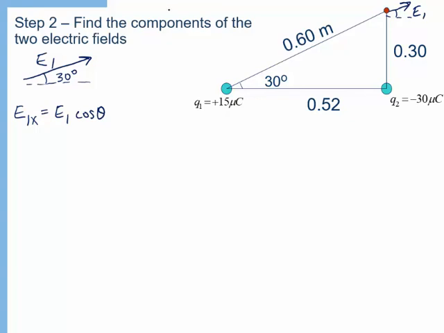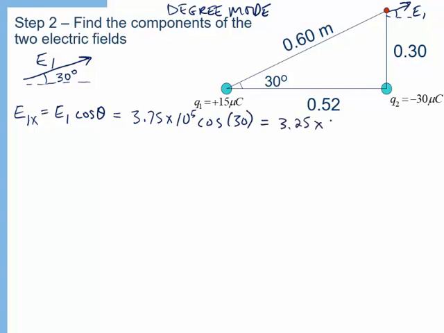And obviously here we want to be in degree mode. So if you plug in the value we got before, 3.75 times 10 to the fifth, and the cosine of 30 degrees, you should get 3.25 times 10 to the fifth newtons per coulomb. So that's our x component.